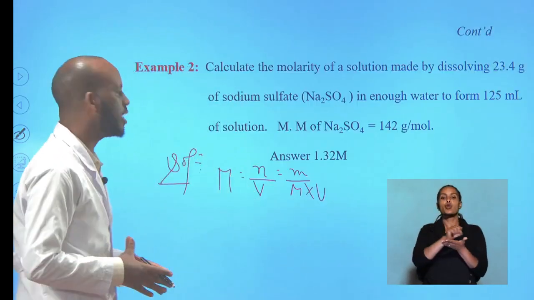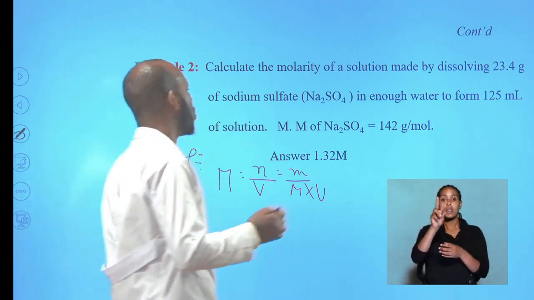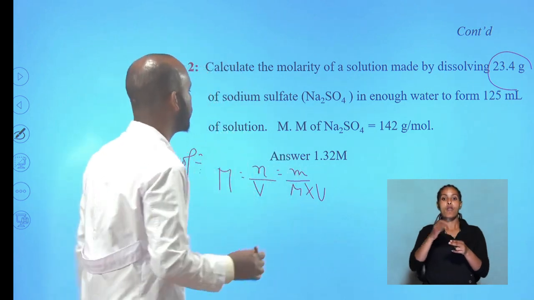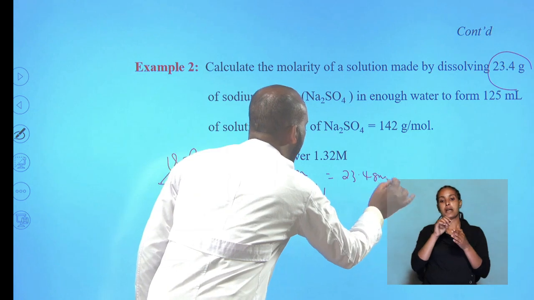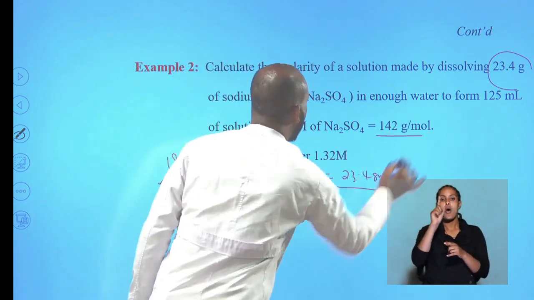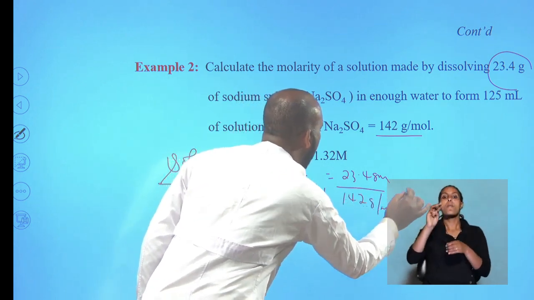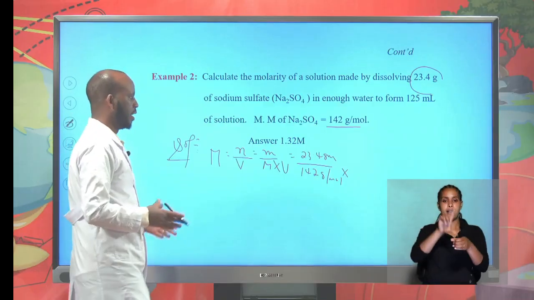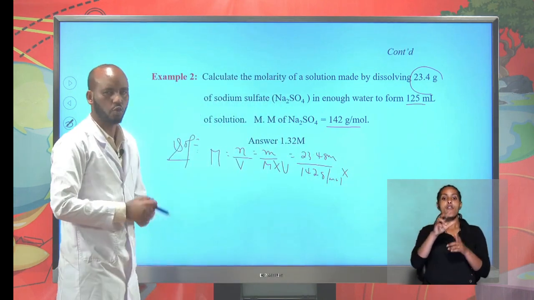Number of moles of solute is mass of solute divided by molar mass of the solute. Mass of solute is 23.4 gram of sodium sulfate, divided by molar mass 142 gram per mole, times volume of the solution in liters. 125 milliliter is the volume of the solution.